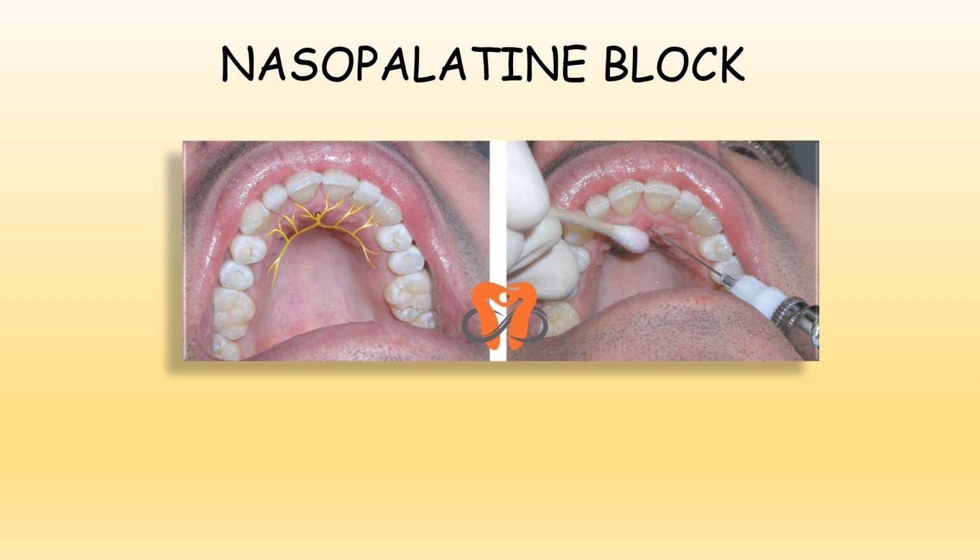This is the incisive papilla, present in the midline just behind the central incisors. So we insert it somewhere here, lateral to the incisive papilla, at a 45-degree angle with the bevel oriented towards the palatal tissue.